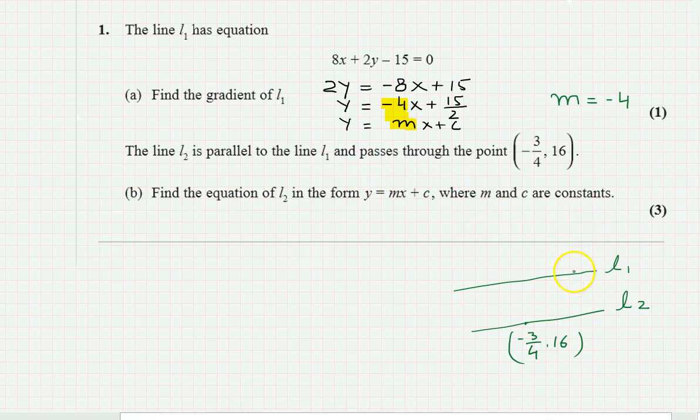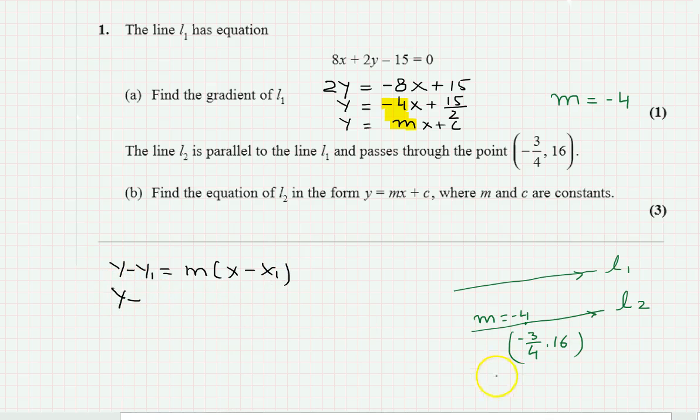Now because these lines are parallel, parallel lines have the same slope. So the value of m in this equation is also negative 4. Find the equation of L2 in the form y is equal to mx plus c. So we know the equation of a line passing through a point with a given slope is y minus y1 is equal to m times x minus x1.